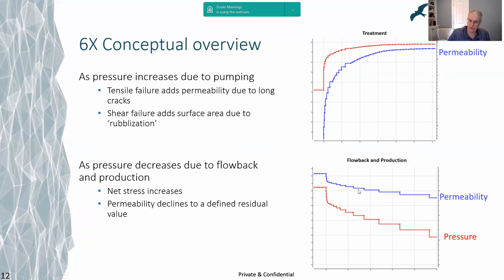The rate at which the permeability is removed is going to be determined by the residual value that we said would be ultimately retained. Okay, so we've got the fracture opening and closing, and that's all linked to the net stress, which is basically a function of the pressure.